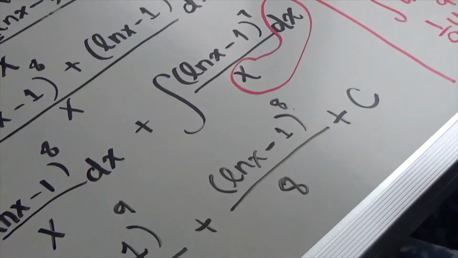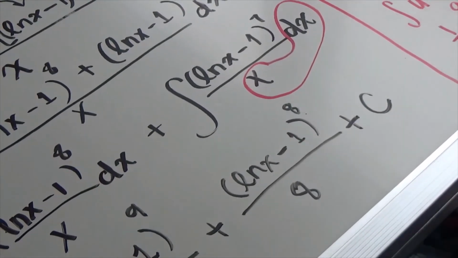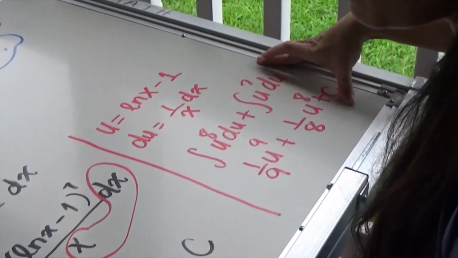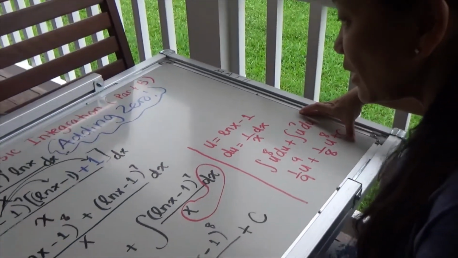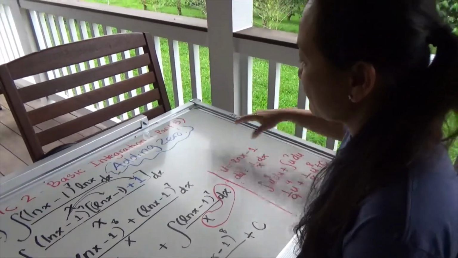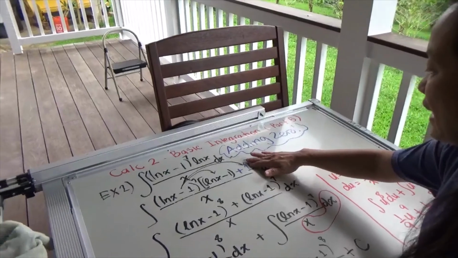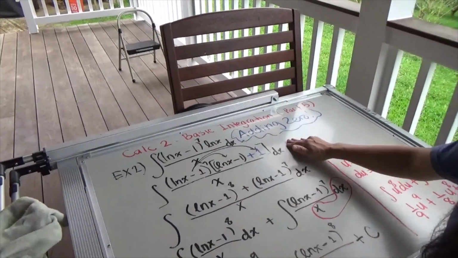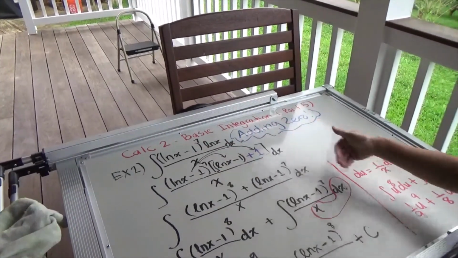So this was a very simple u substitution with the help of adding 0 and the distributive property to split those 2 fractions out.